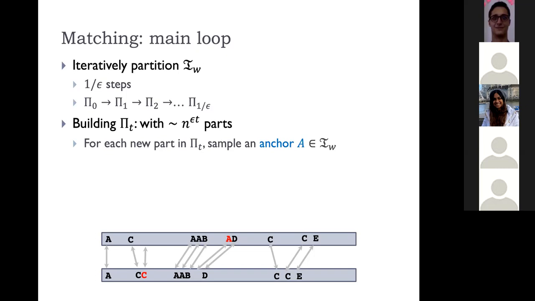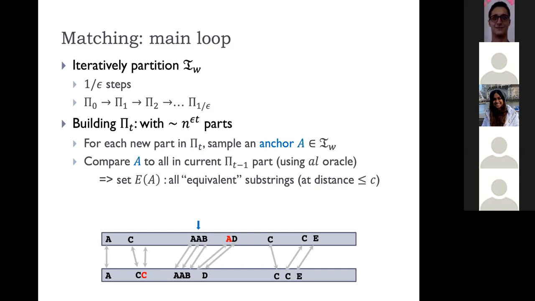So for each new part, we sample an anchor called A. Let's say this substring of X is our anchor, and all the black or red characters are things which are currently in the same part as this anchor A.